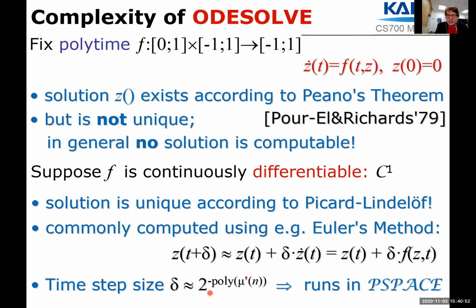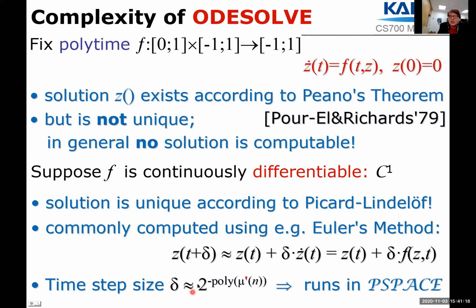But the baseline is, if we choose this, which is something polynomial, 2 to the minus some polynomial in n, then after reaching the final time t equals 1, we're still within polynomial error 2 to the minus n. And of course this means that we need to make exponentially many time steps, right?